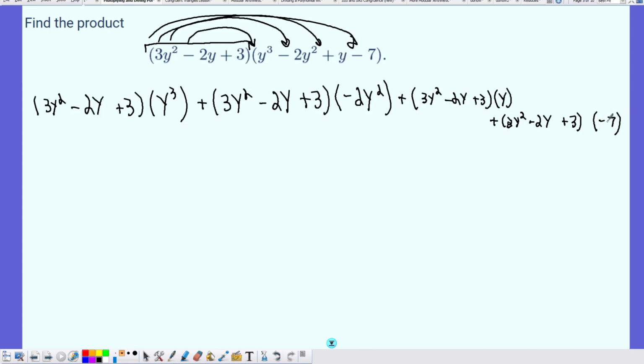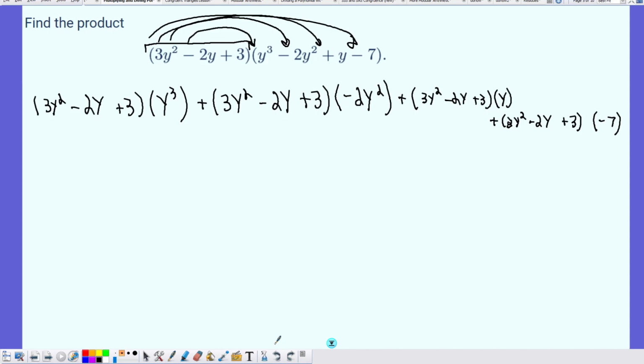Okay, now what we can do from here is, well, now it's a series of relatively simple distributing problems. So I'm going to take each term I have now and distribute the terms into the other set of parentheses.